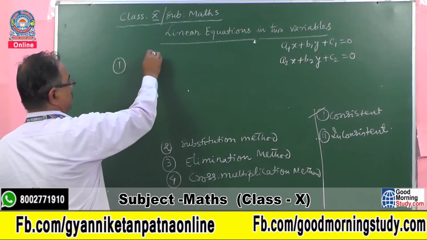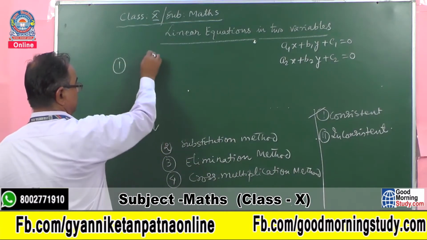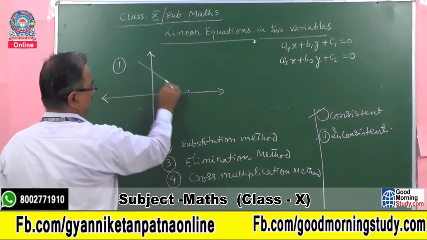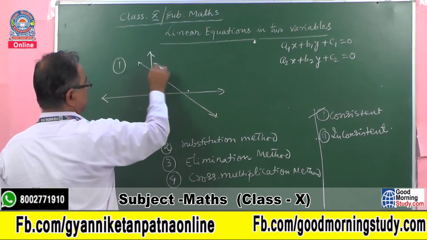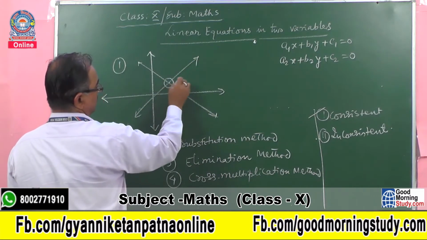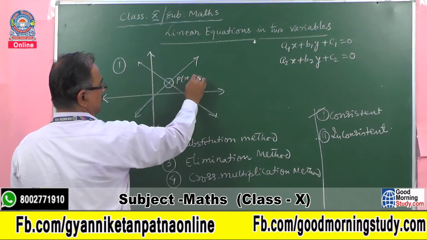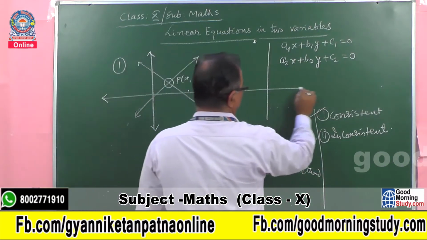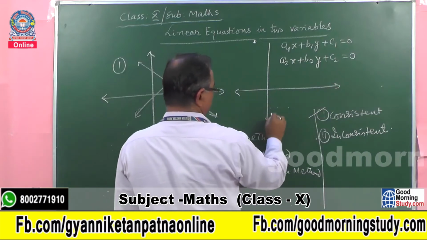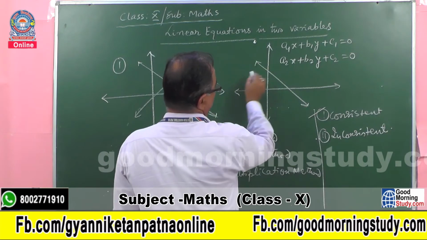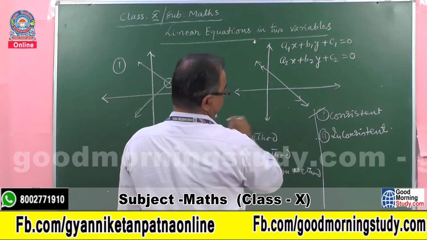In the first case, two types of graphs are there. In one graph, both lines intersect each other at a point. Or both the lines are coincident.